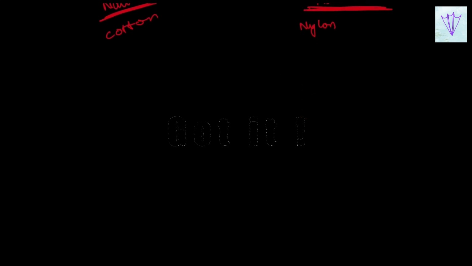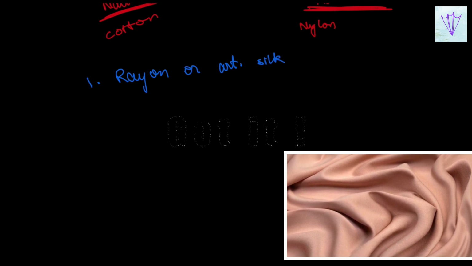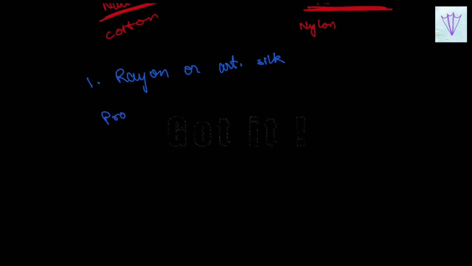Now we'll study some important synthetic fibers. The first is rayon or artificial silk. How is the production done? Rayon is made from cellulose, including the paper pulp and the wood pulp, as it is formed by chemical treatment of naturally occurring polymers.